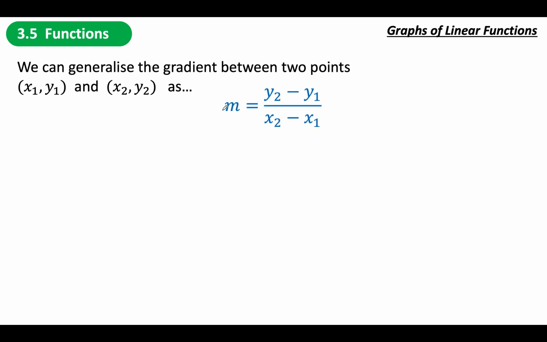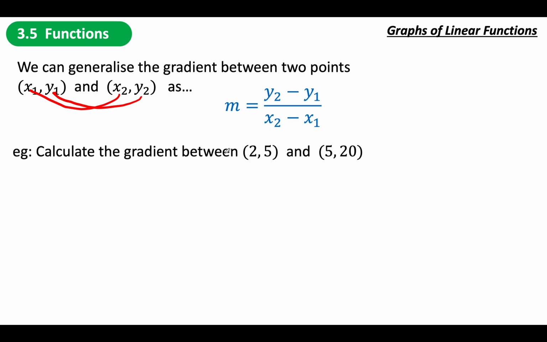We generalize that as y2 take away y1, which is exactly what you would do on a normal graph. You do the second y coordinate take away the first, and x2 take away x1, the second x take away the first x. That's all this is. You're doing change in y over change in x. It looks a bit funny, but that's all it is.